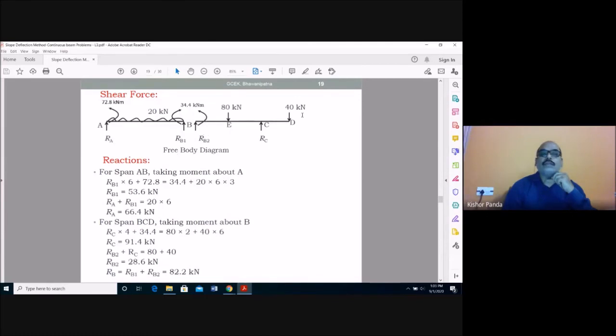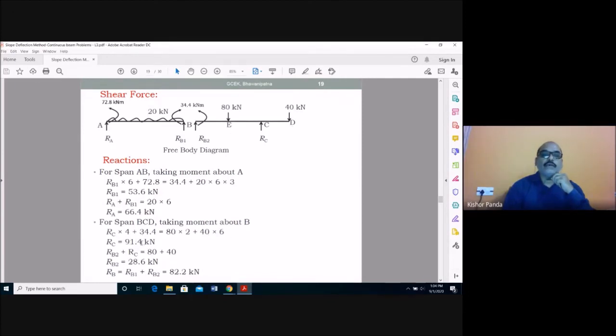Then similarly for the span BCD, by taking moment about B, we find the reaction RC. RC into 4, and this is also anti-clockwise 34.4, is equal to the moment due to this load, 80 into 2, which is clockwise, and the moment due to this load, 40 into 6.